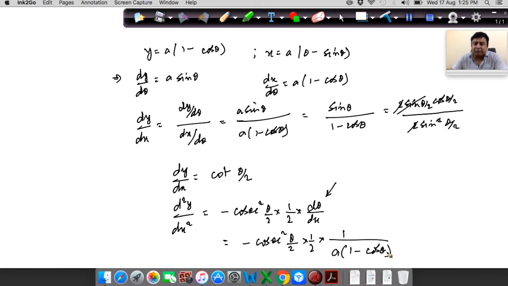Now 1 minus cos theta is 2 sin square theta by 2, so you can make it cosec to the power 4 theta by 2 upon 2a as your answer. But the main step is this. If you forget to do this, you're going to lose marks, I told you. 2 marks will be lost for sure.